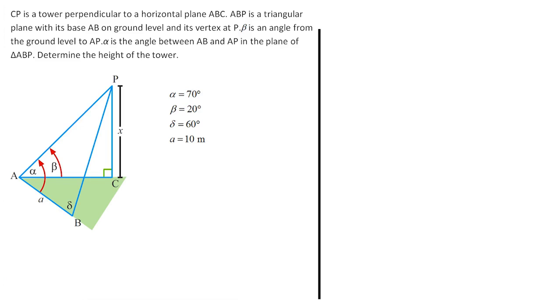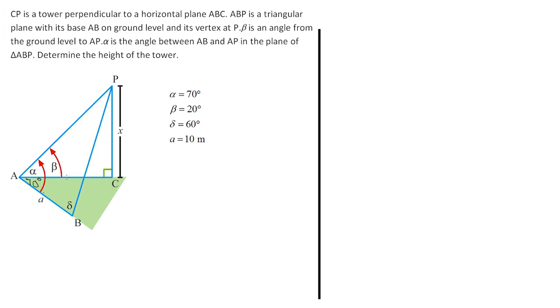Now let's fill in this information onto the diagram so that we can see what we have here, because the way the diagram looks now, it means nothing. Alpha is 70 degrees. You can see it's indicated in red, and I can just indicate there 70 degrees.